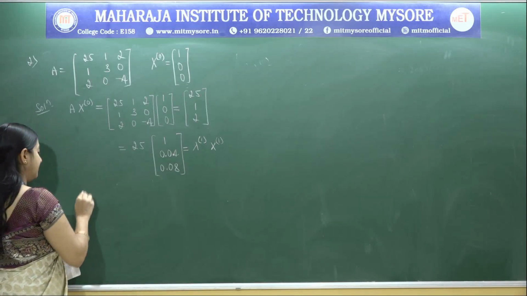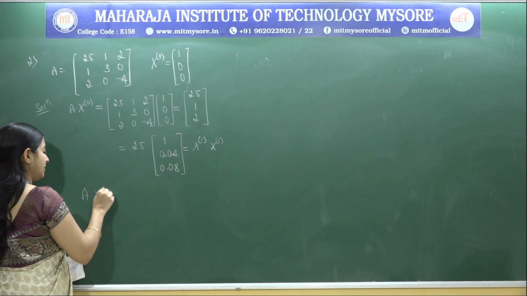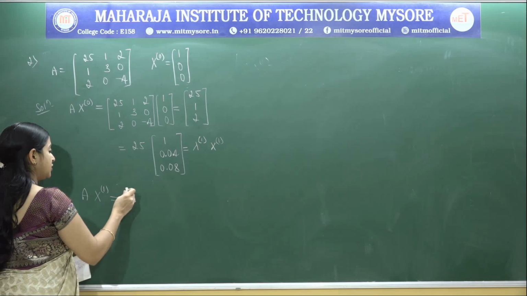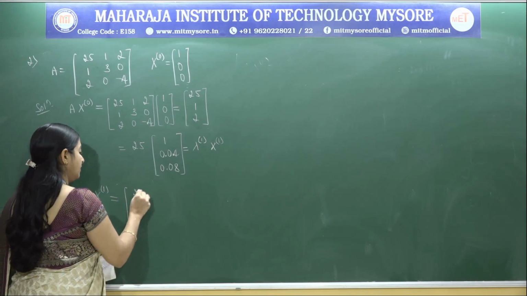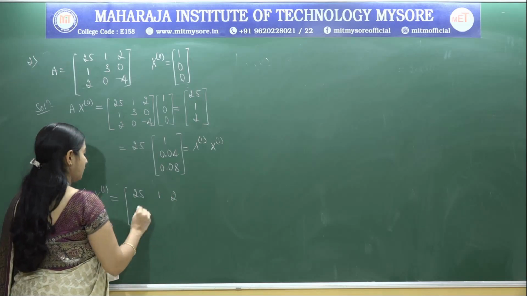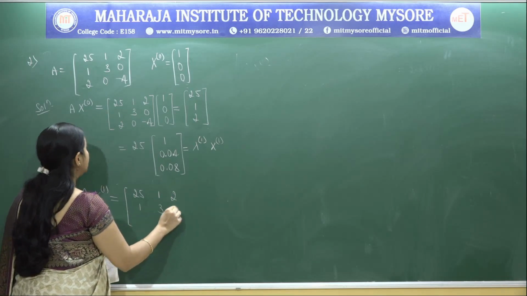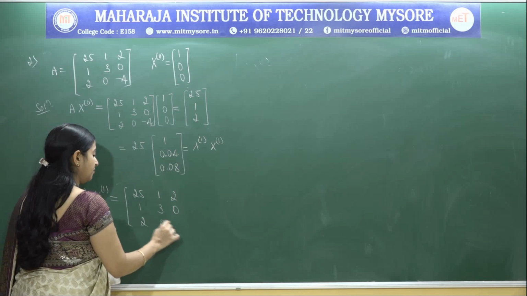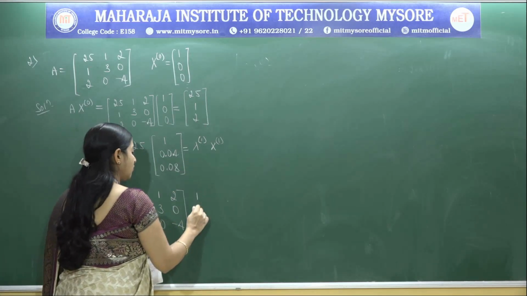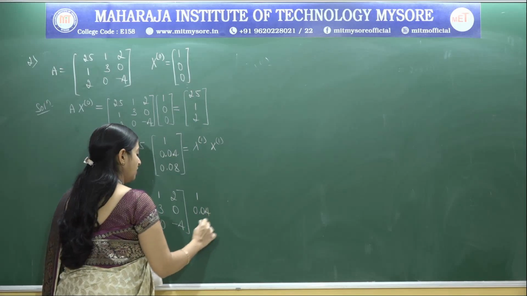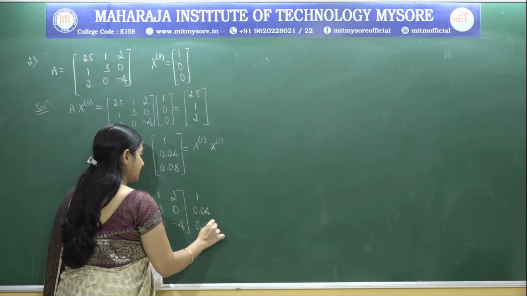Next, again take the matrix multiplication of A and the x with first iteration. So it is 25, 1 and 2, 1, 3, 0, 2, 0 and minus 4 with the column matrix 1, 0.04, 0.08.